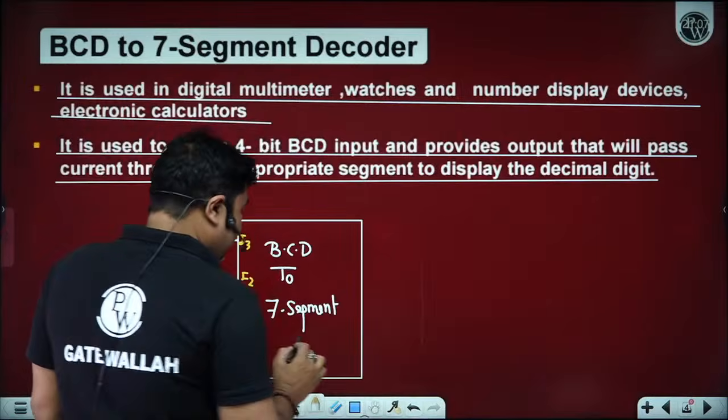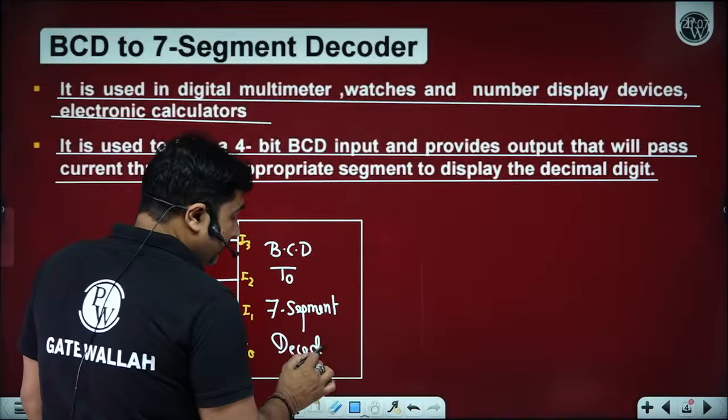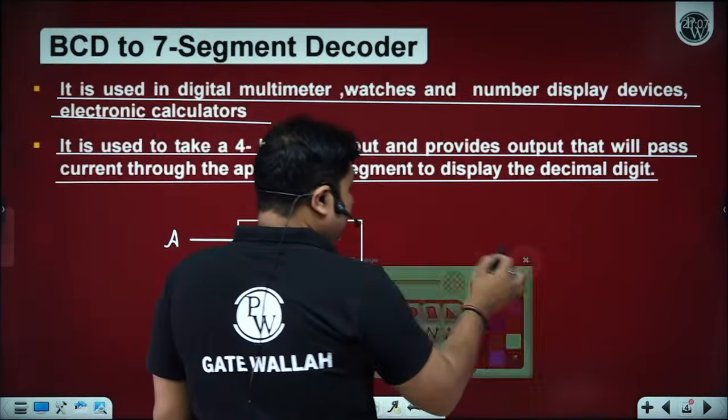BCD to 7 segment decoder. And we have 7 segments.